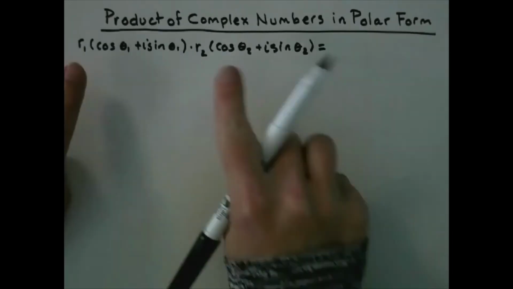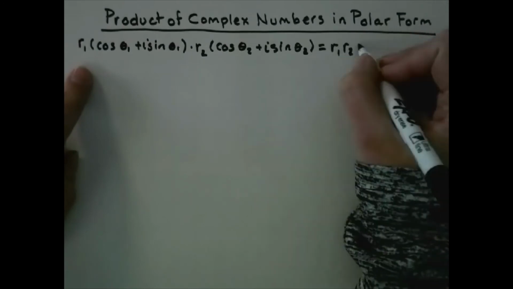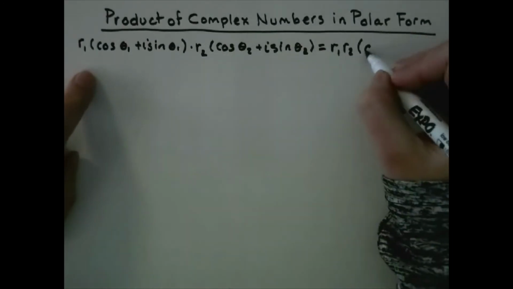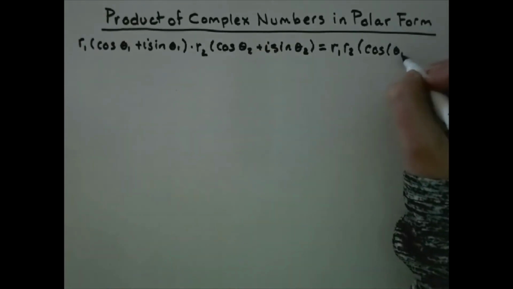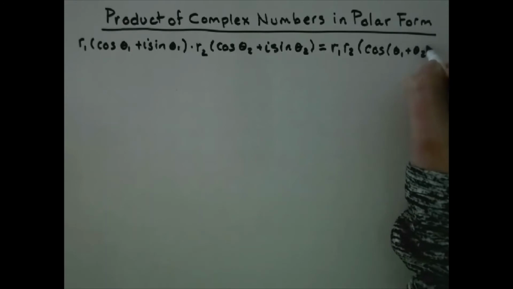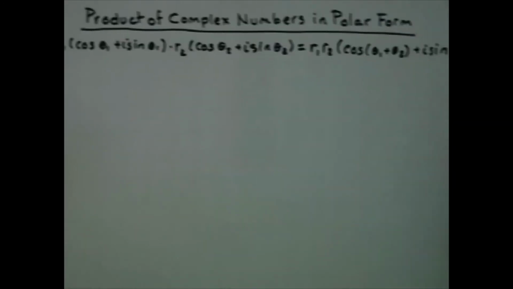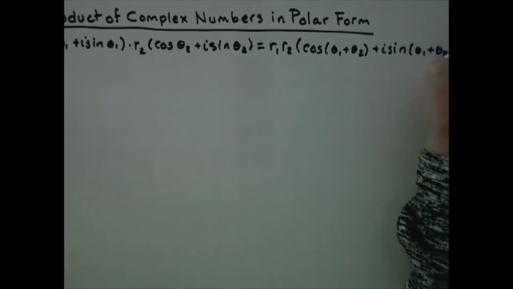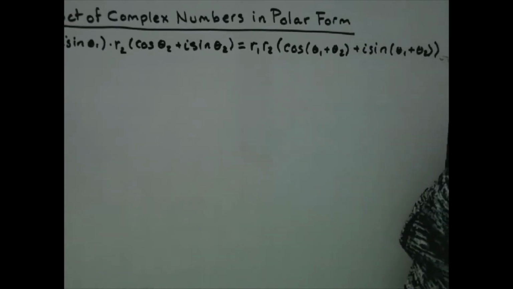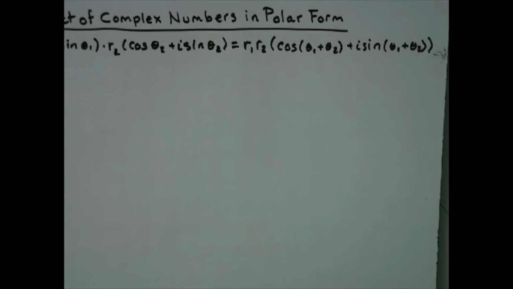To do the product in polar form, we take the two r values and multiply them, and we take the two theta values and add them. So we multiply the r's, add the thetas, and we'll have our product.